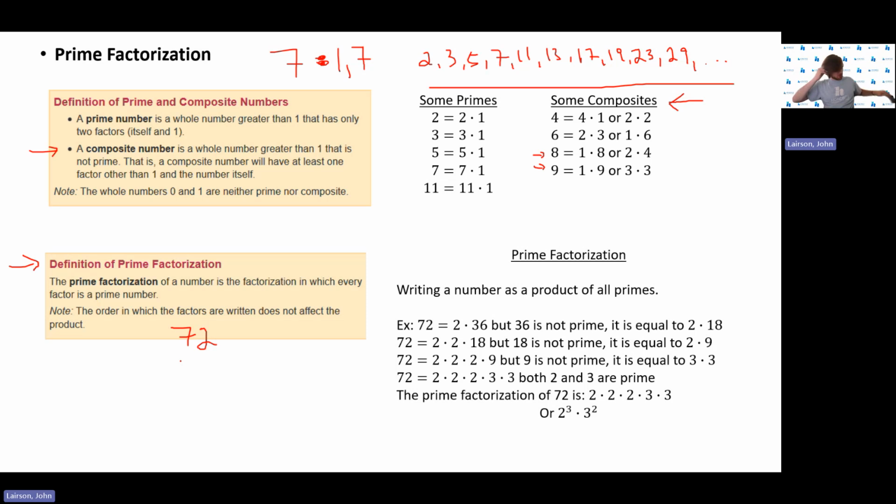And this is where divisibility rules are very useful, so I can tell very quickly what some factors are. 72 is an even number, so I know by my divisibility rule for 2 that 2 is a factor. So I can take 72 divided by 2.